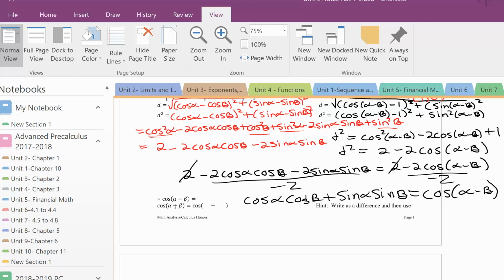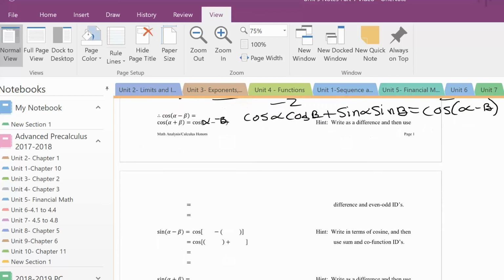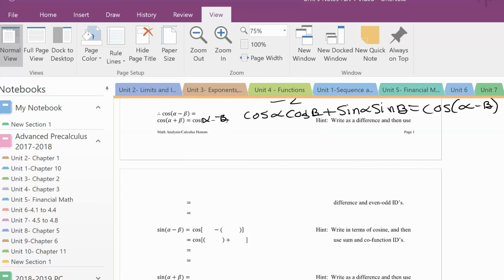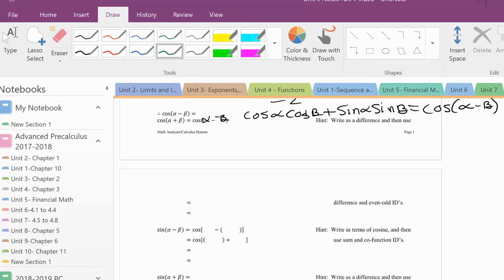Now, as far as alpha plus beta, that's the same as saying alpha minus negative beta. So if we were to substitute that in, and we'll do it on the next page, using the same formulas, we have cosine alpha cosine negative beta plus sine alpha sine negative beta.